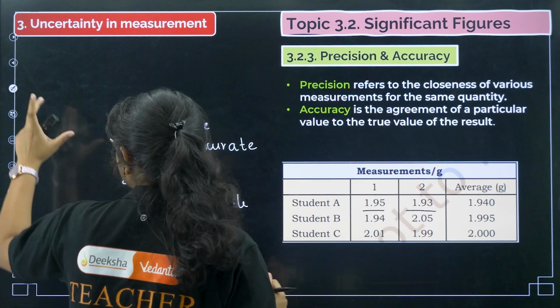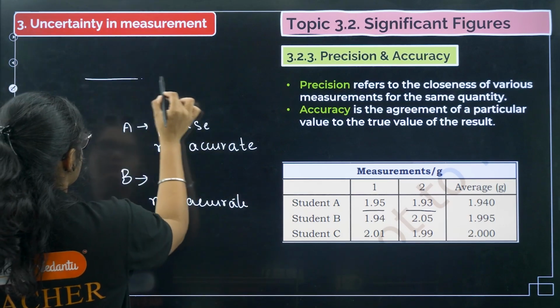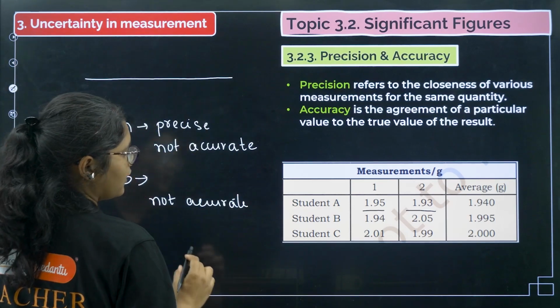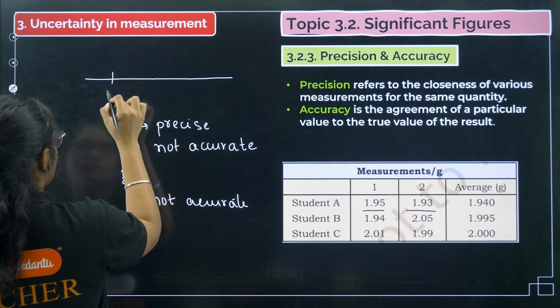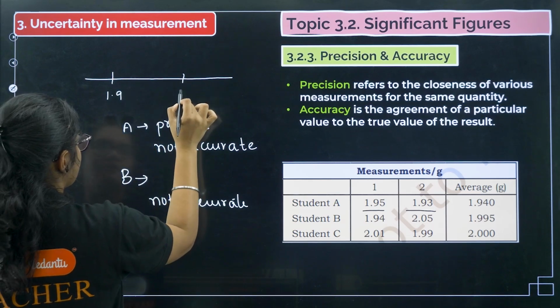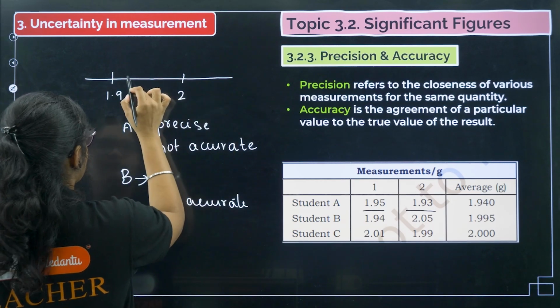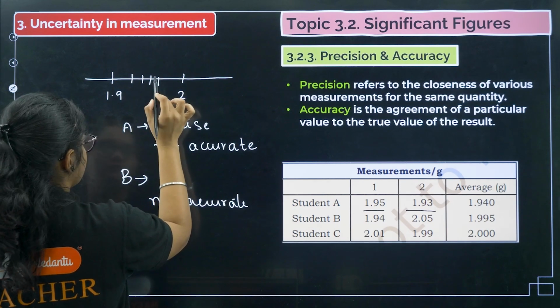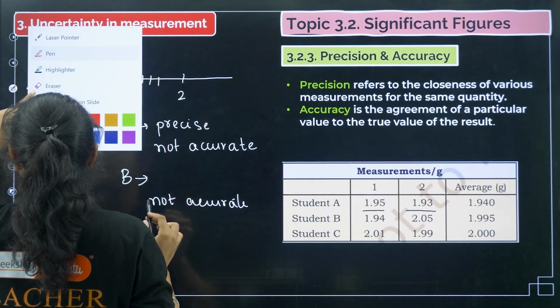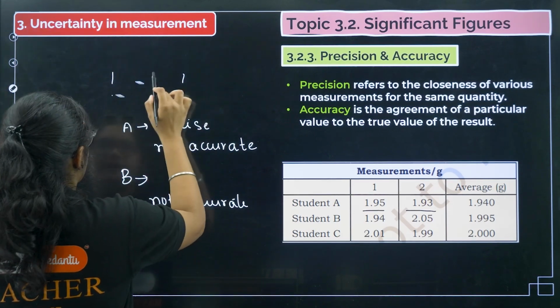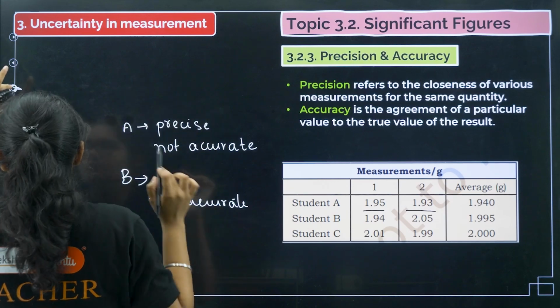If you see the values here also, 1.94 and 2.05, these two values are far away from each other. If I draw a number line, it will be more clear.